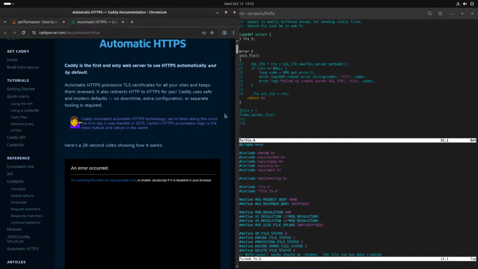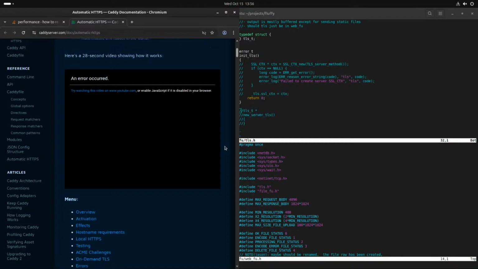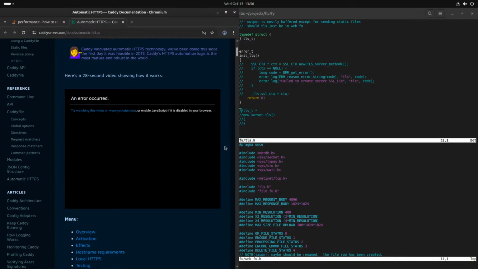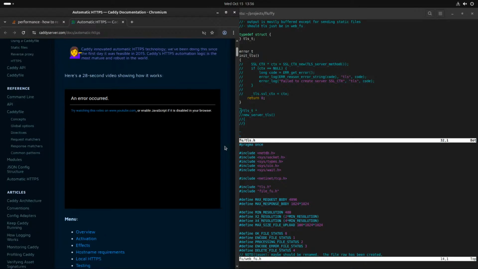Oh God, claims of Caddy innovated automatic blah blah blah. I mean, I agree it should be done, but it's more a failing of the other web servers than the achievement of this one.